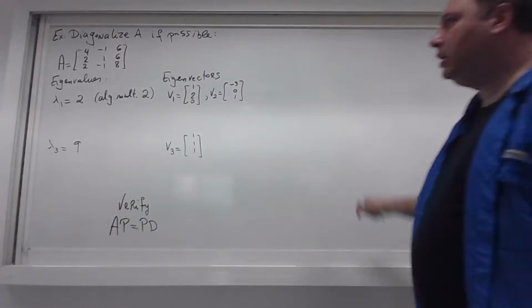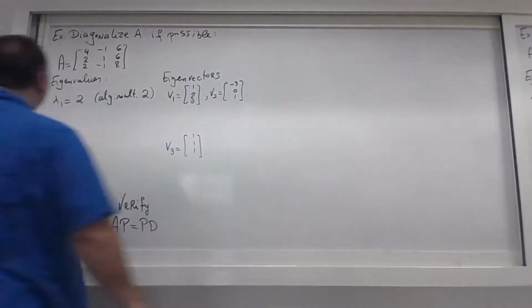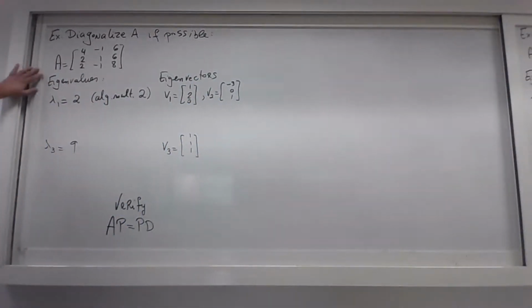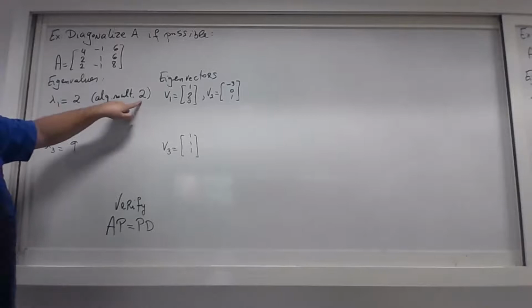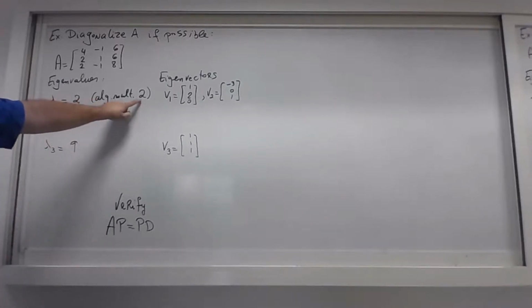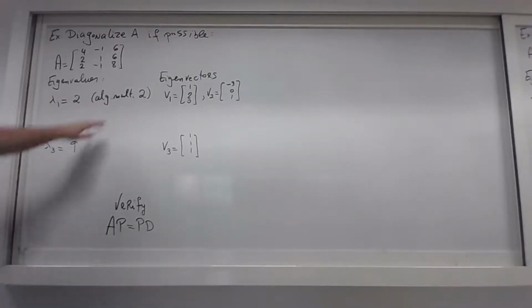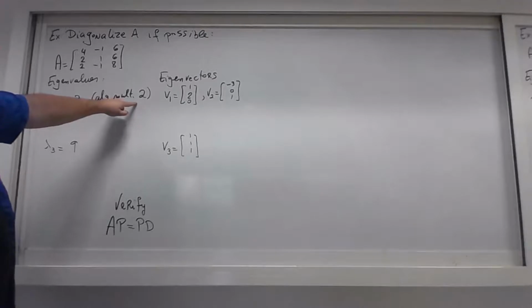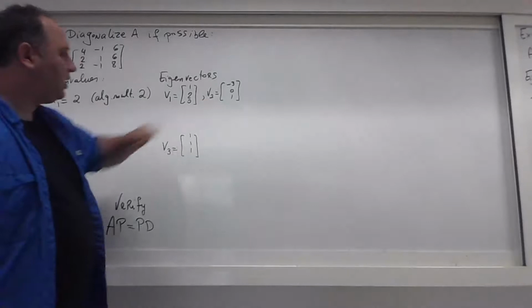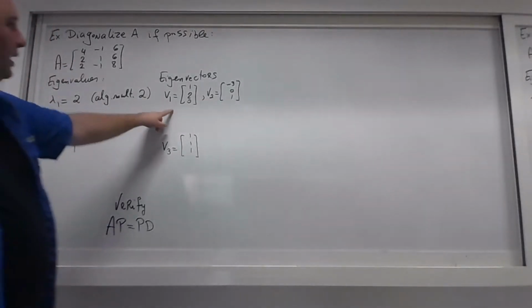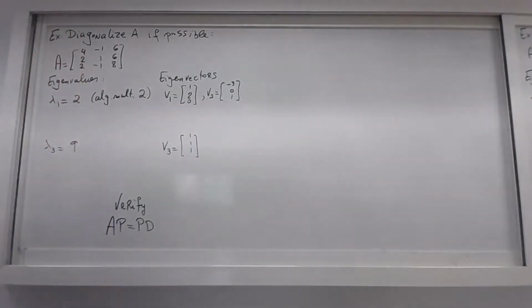Another example, again a 3 by 3 matrix, and we computed eigenvalues and eigenvectors. So here eigenvalue 2 has algebraic multiplicity 2. Okay, so this is dangerous now, because maybe it has geometric multiplicity 1, maybe 2. I don't know, I need to compute. We computed the eigenvectors. Turns out that the eigenspace is generated by 2 eigenvectors, V1 and V2.